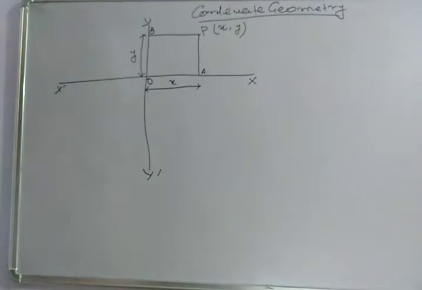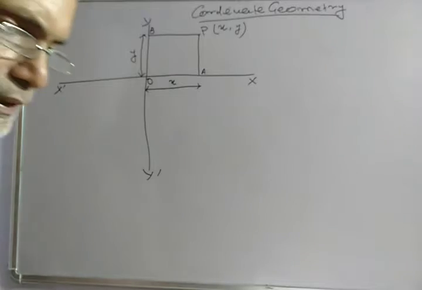The distance OA is taken as the x coordinate and the distance OB is taken as the y coordinate. This is how we locate a point P(x, y) in a plane.